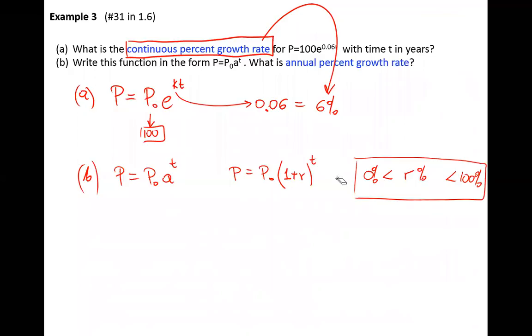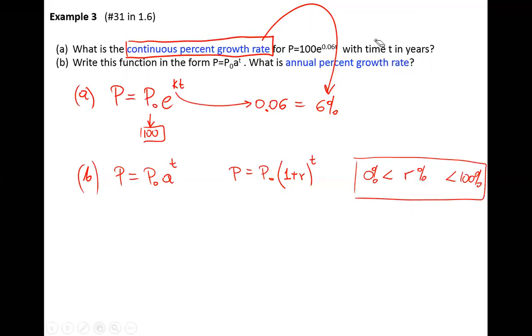But if somebody only adds the interest to your amount once a year, you will not get the same amount. In order to get the same amount after 1 year, that rate must be a little bit higher, okay?